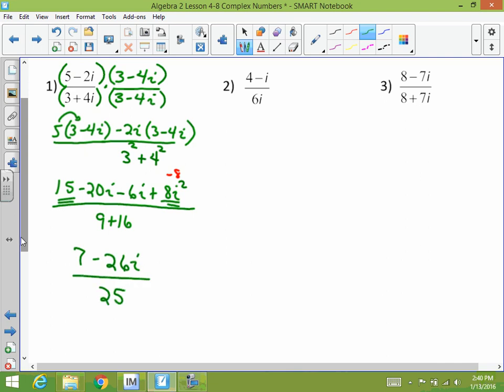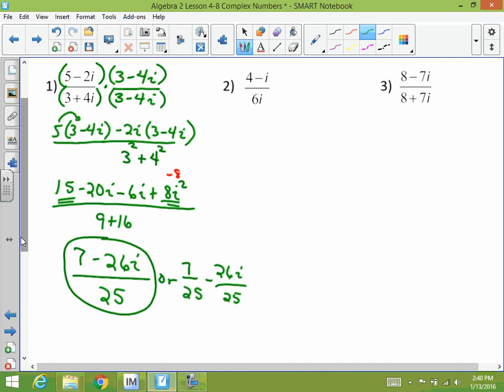And it doesn't simplify any more than that because remember, we could rewrite this as 7/25 minus 26i over 25. It's the same thing. These are synonymous. This is a little easier to understand, but they mean the same thing.